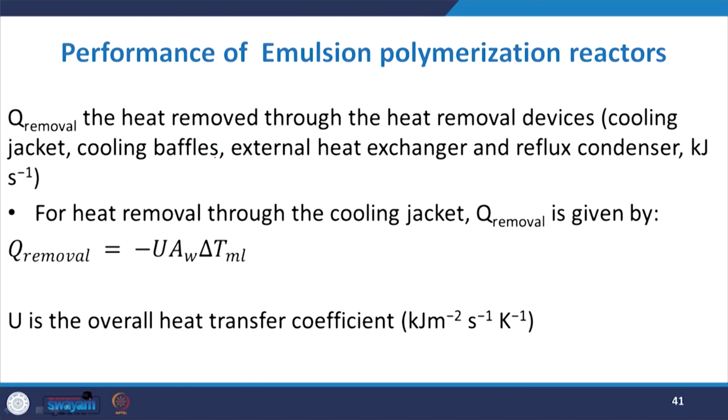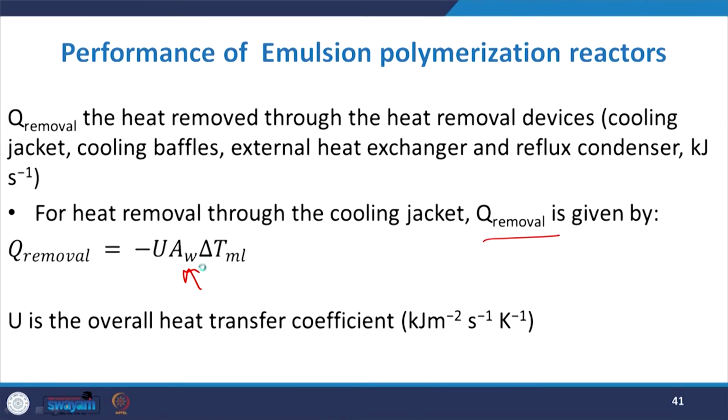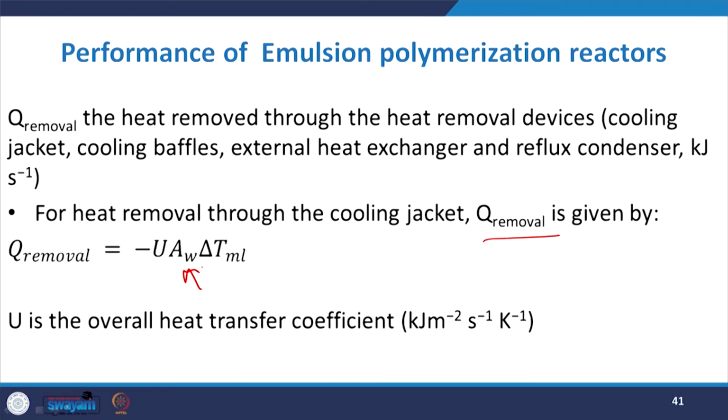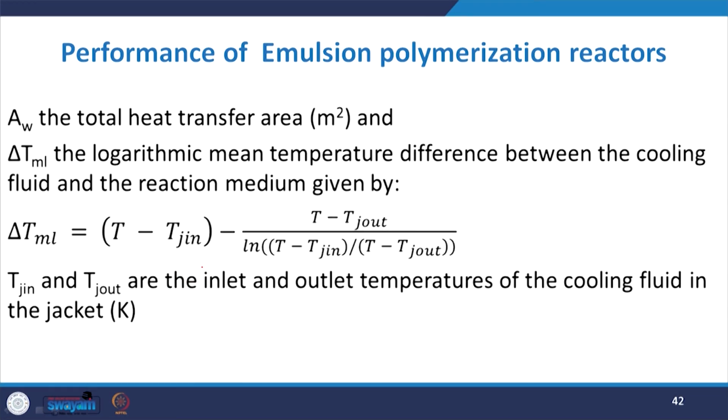So for heat removal through the cooling jacket, that is Q removal is given by minus U Aw delta T ml. Now U is the overall heat transfer coefficient having the unit of kilojoule per meter square second Kelvin, and Aw, here this Aw is the total heat transfer area in meter square, and delta T ml, this is the logarithmic mean temperature difference between the cooling fluid and the reaction media.